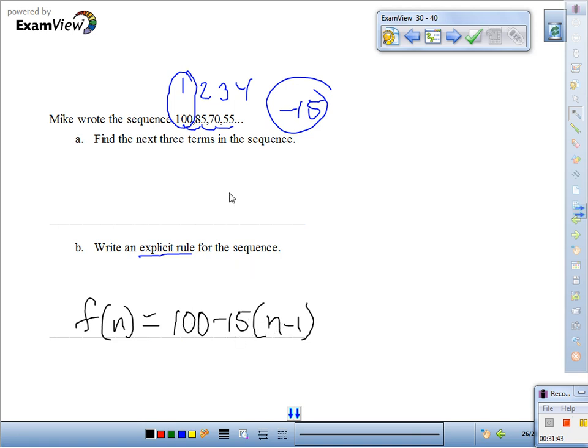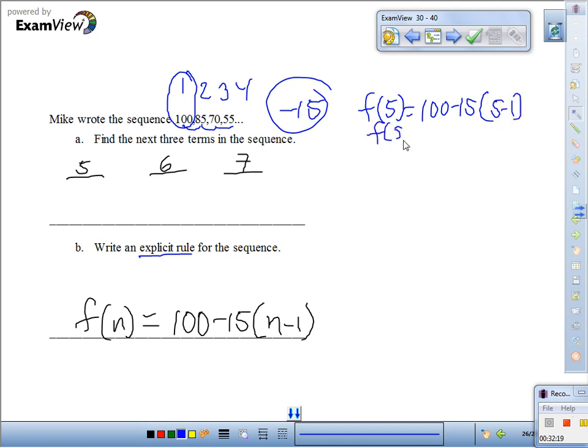Now that we have this, which terms do we need? We already have the first four. How many more do we need? We need number 5, 6, and 7. So let's see. So I'm going to do the work over here. Instead of f of n, what do I write next? F of 5. F of 5 equals 100 minus 15 times 5 minus 1.